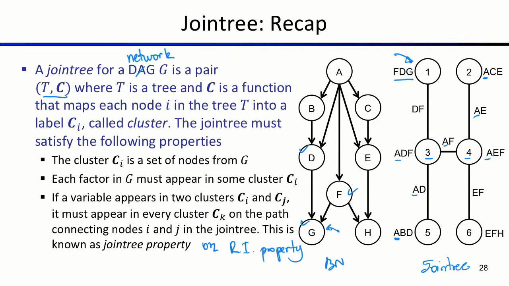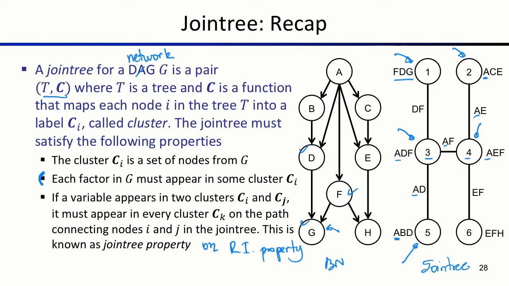So if you think about A, we can have a factor that mentions A here, one factor that mentions A here, another here, and another here. It can be true or not, we don't know. We don't know how we split the factors according to the clusters, but it is possible.